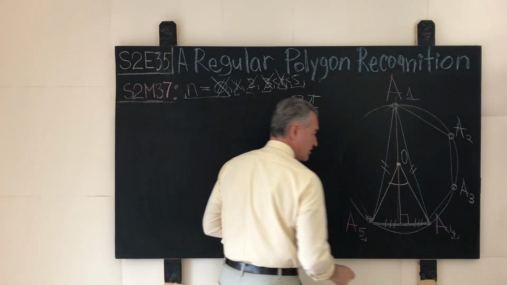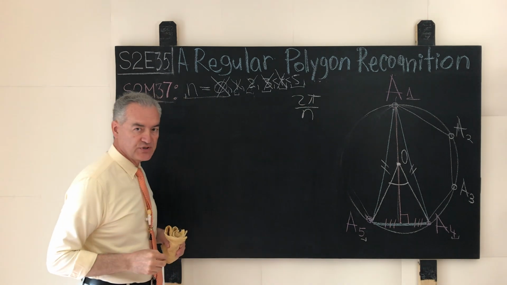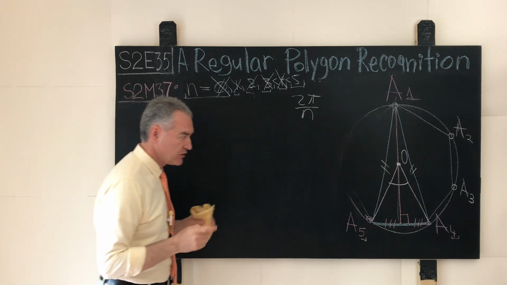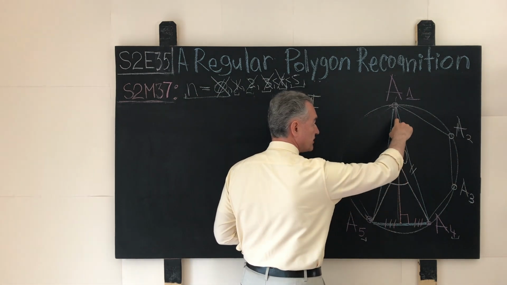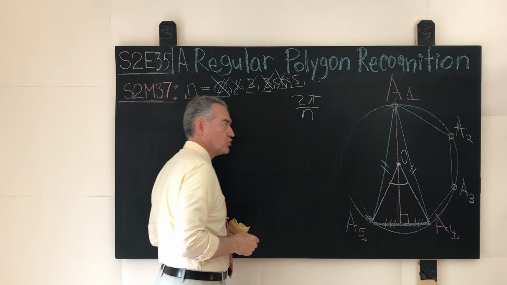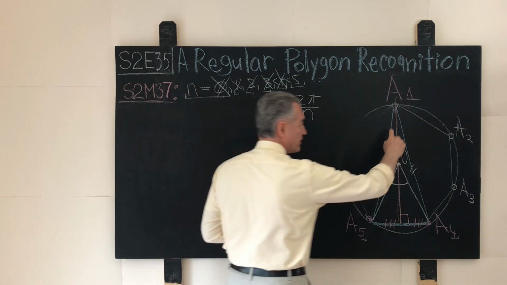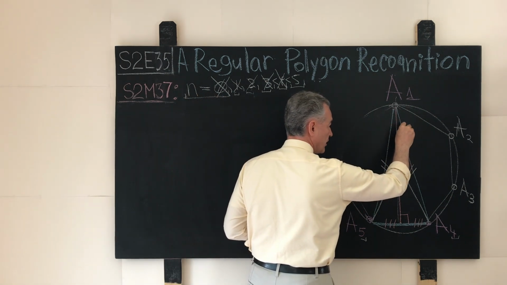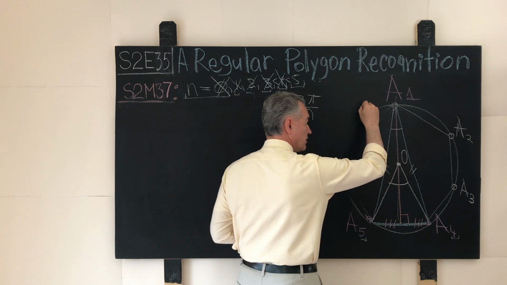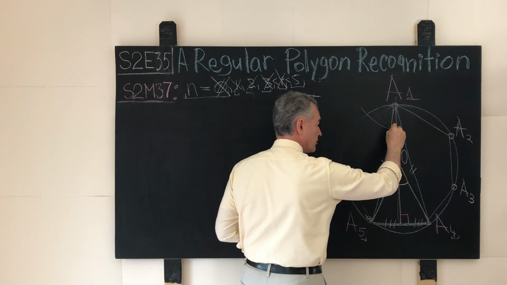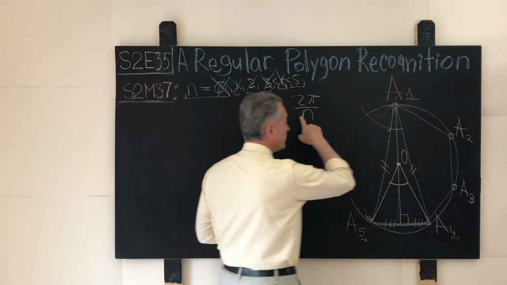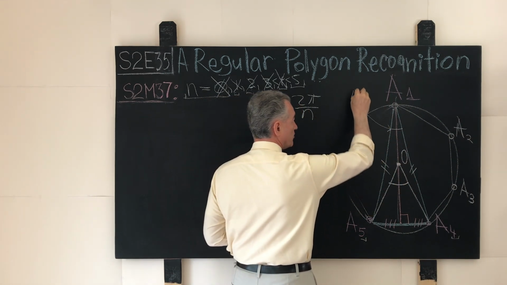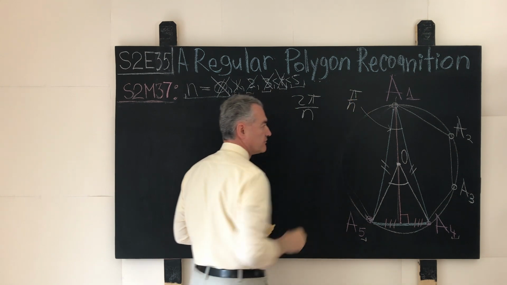That's one of the theorems that Euclid proves in his Elements in book 3. What can we say about this magnitude? Well, the magnitude of the central angle is twice the angle in the circumference. That means that this angle over here, let me write it down this way, will be half of this angle, so that will be pi over n.